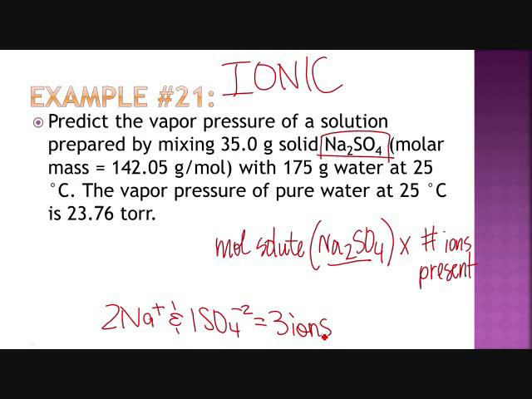So when you find the moles of your solute, you would take it times 3 in order to get the correct answer. If you would like to, in your own time, work through that, I can work it through with you. That is just a hint, and you probably have a homework problem like that. Otherwise, everything else is the same as the example we just did in 20. But because it is an ionic compound that breaks apart into its ions, you have to take that into account.